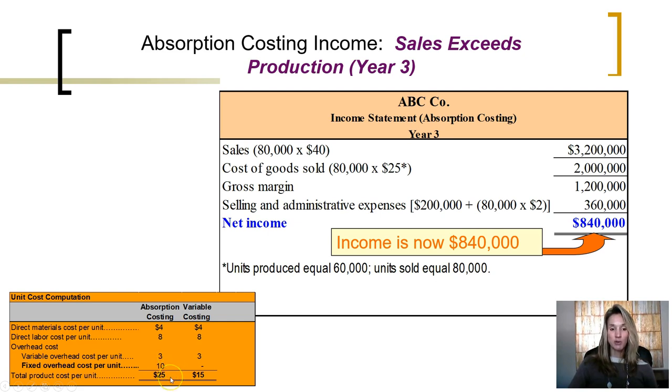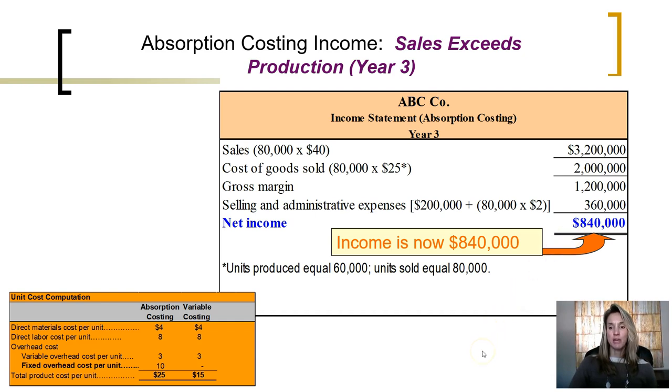Total product cost under absorption costing of $25 per unit, times the number of units sold, gives us cost of goods sold of $2 million, leaving us with a gross profit, or gross margin, of $1.2 million. We subtract out all selling and admin costs, both fixed as well as variable, 80,000 units at $2 per unit, leaving us with total selling and administrative costs of $360,000 and net income of $840,000.